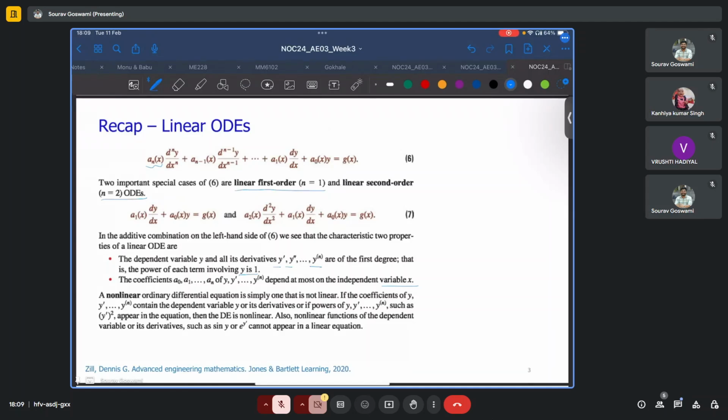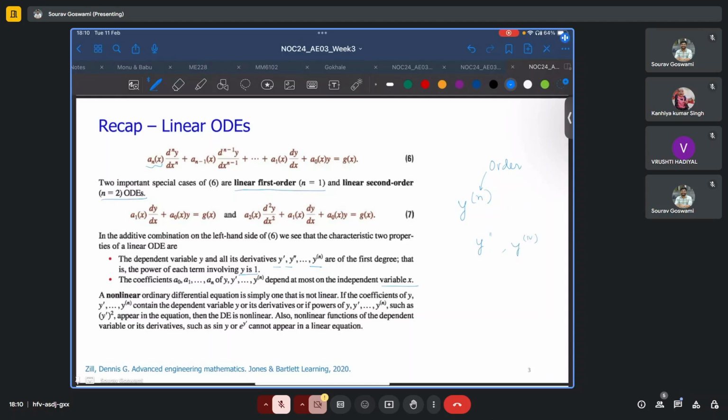So typically, if you have some derivative, then this number within the brackets, n, corresponds to the order. So it can be, say, the second derivative or the fourth derivative and so on.